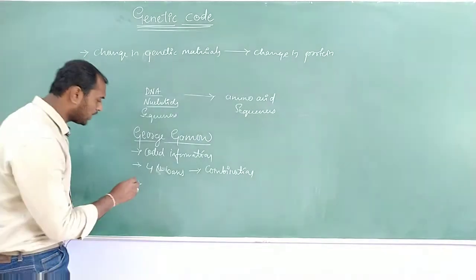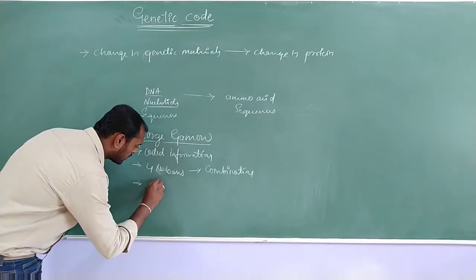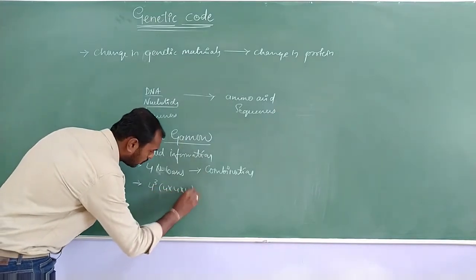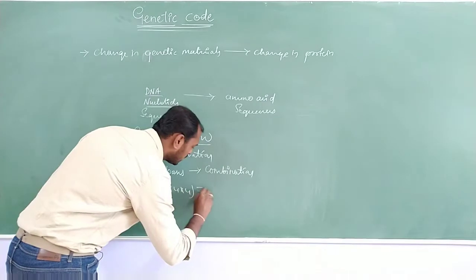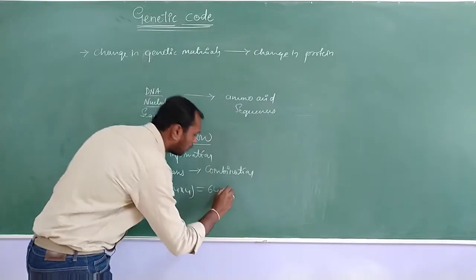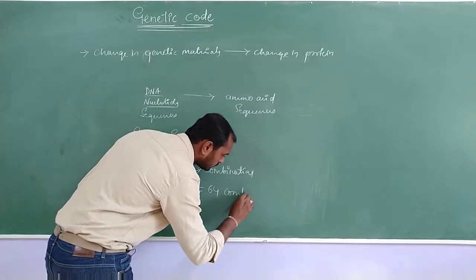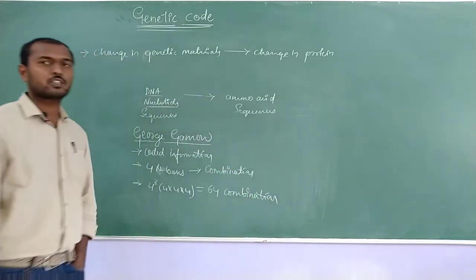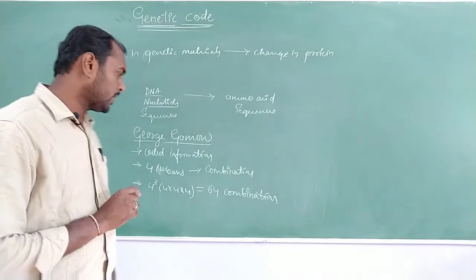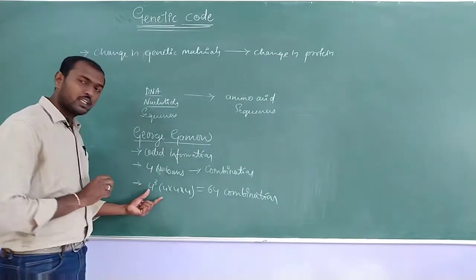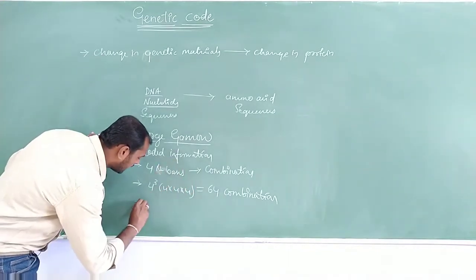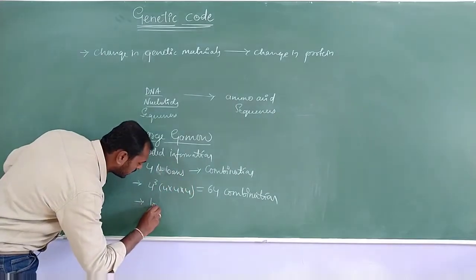That combination should be 4 cubed, that is 4 into 4 into 4, and when he worked it out he got 64 combinations. Okay, so he got 64 combinations. From this 64 combinations, he made that the code is in a triplet.